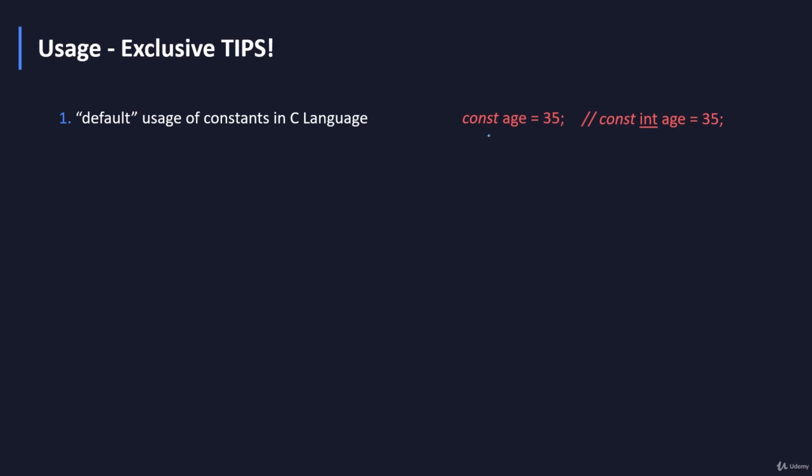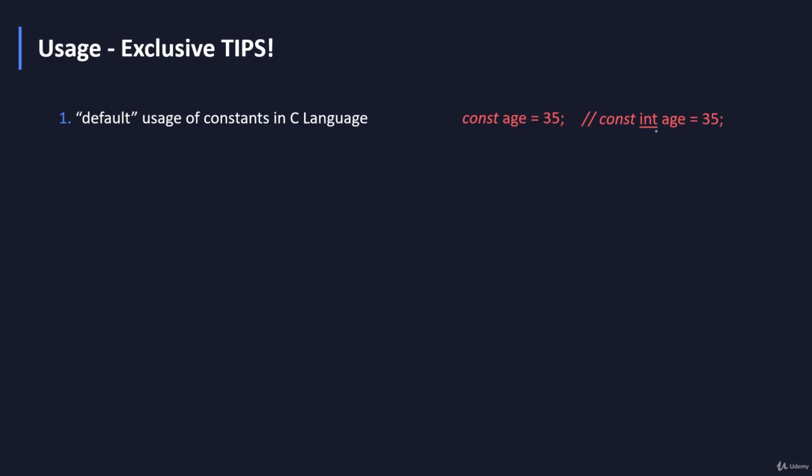If you see in some examples just const age without the type itself, you can assume that's the default usage of constants in C. Behind the scenes it's just like it was written const int age equals 35, and what was created is simply a variable of an integer type, which is constant and cannot be changed over time.